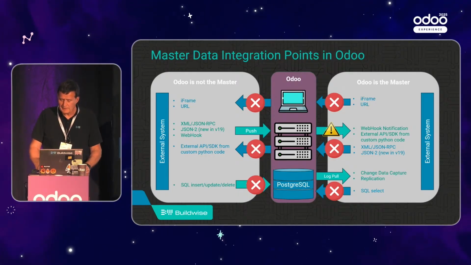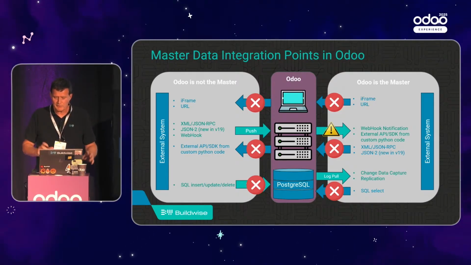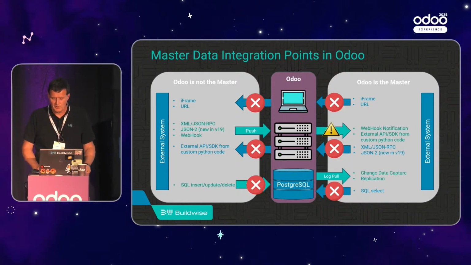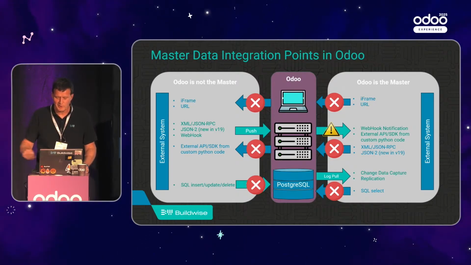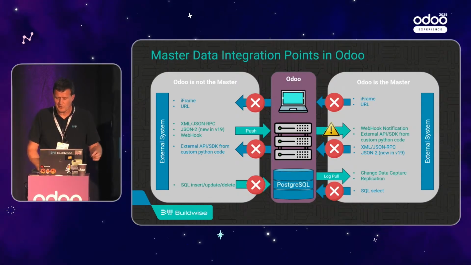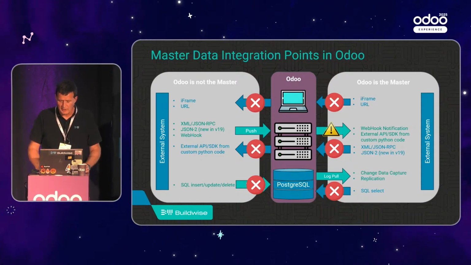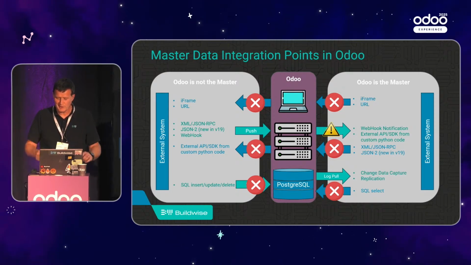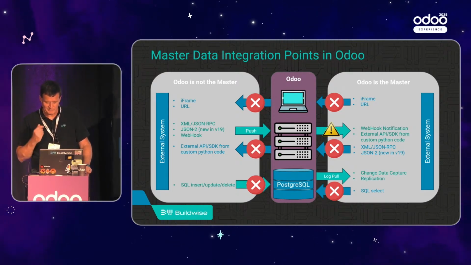It could also be that the external system is Odoo itself. So what if we have several instances of Odoo? Like we have a central Odoo and we have an Odoo in a store or in a different country, and these are separate instances. In that case, Odoo is the master and also the consumer of the master data.